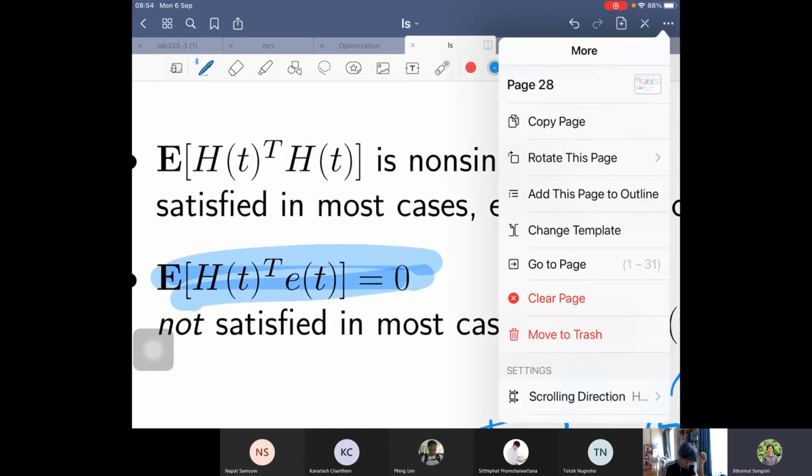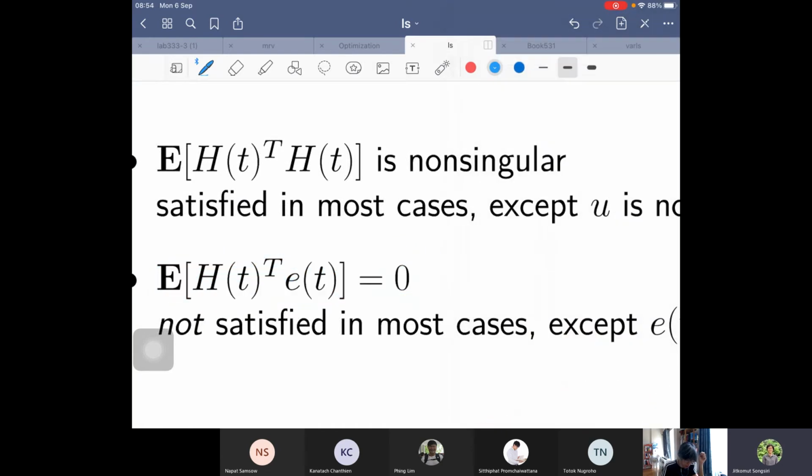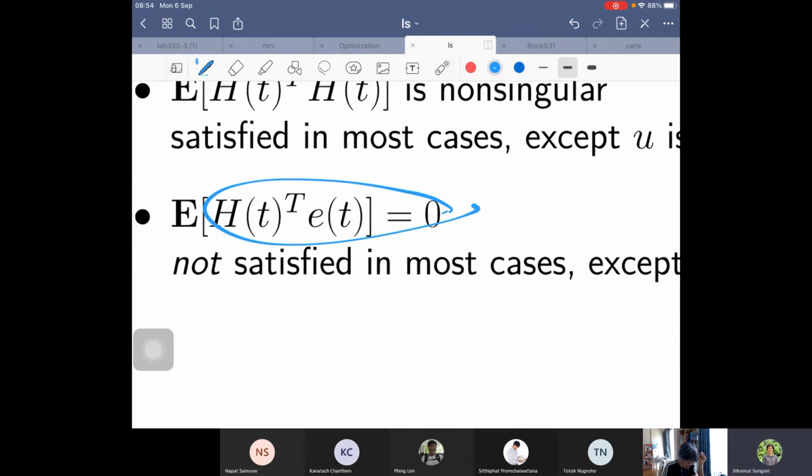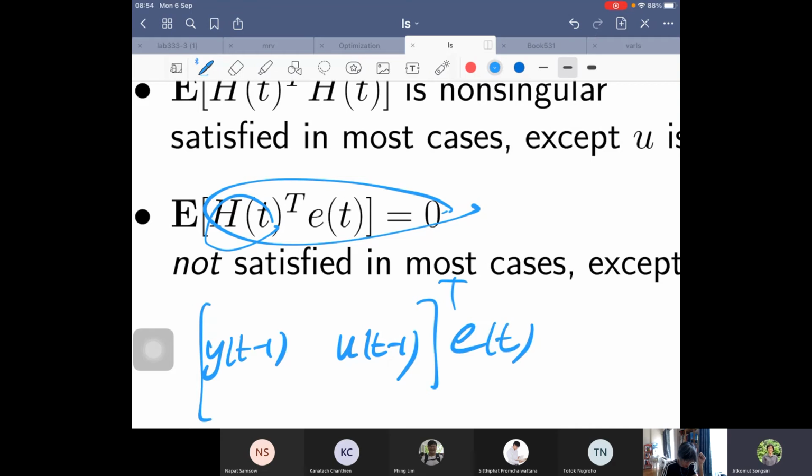What do we see when we require H_t transpose e_t to be 0? So it means that, think about the example that I just gave you for ARX, right? H_t is going to be y_{t-1}, u_{t-1}, right? And you want the expectation with e_t to be 0.